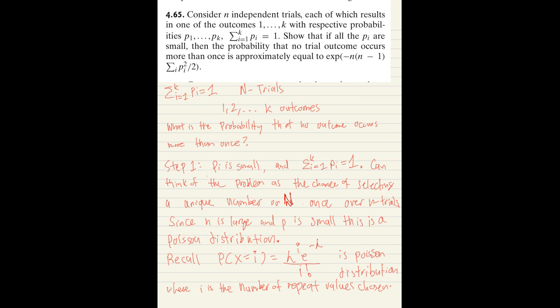So the first step is thinking of it as selecting a unique number on natural numbers. And since p is small, we can deduce that we should use a Poisson distribution. And then the formula is lambda to the i, e to the minus lambda, over i factorial.